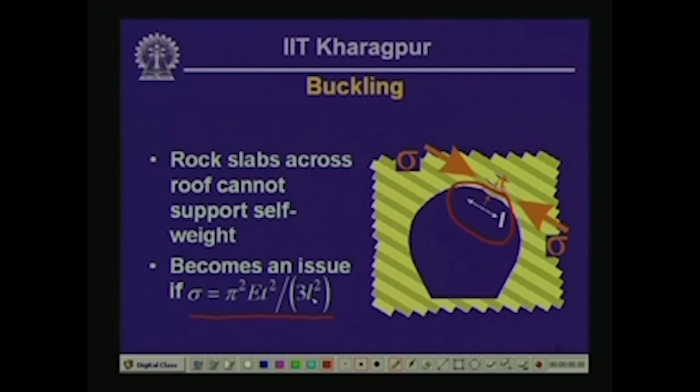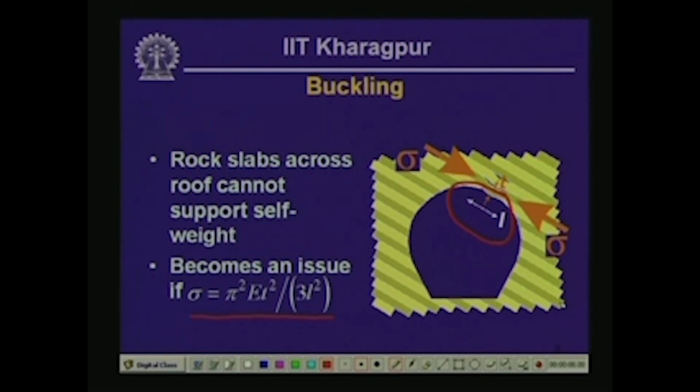In this case, E is the deformation modulus of the rock slab we are considering, t is the thickness of the rock slab, pi is the constant 3.14, and L is the unsupported span of the slab. All these dimensions are shown on the cross section near the right of this slide.